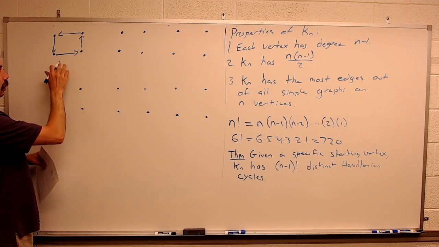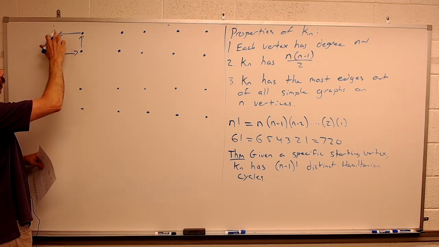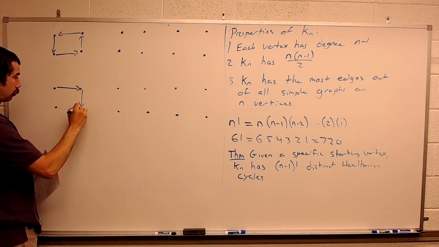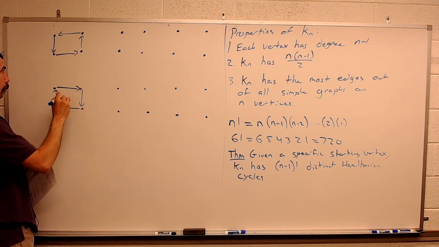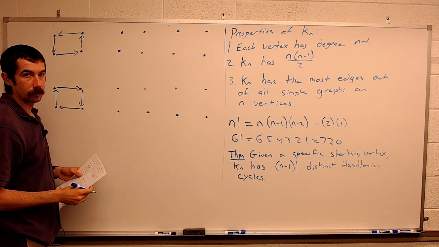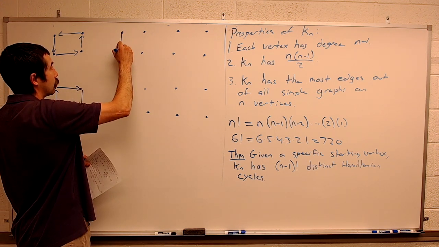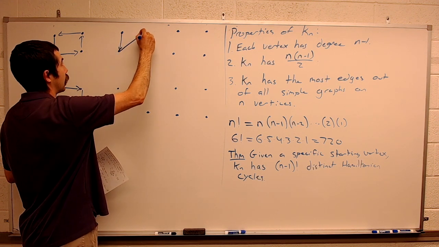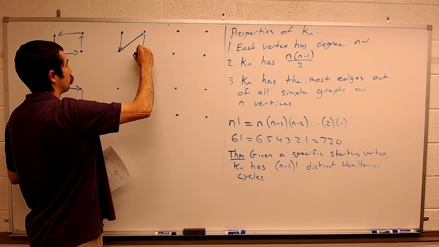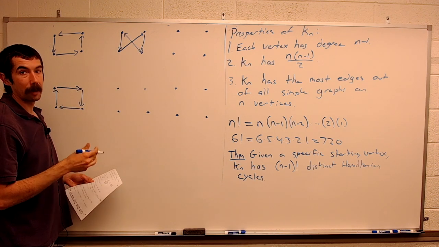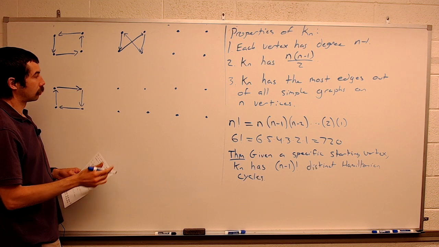All right, and then we could do the same cycle, but in reverse. Okay, another cycle would be down diagonal. And we could do the same cycle in reverse.